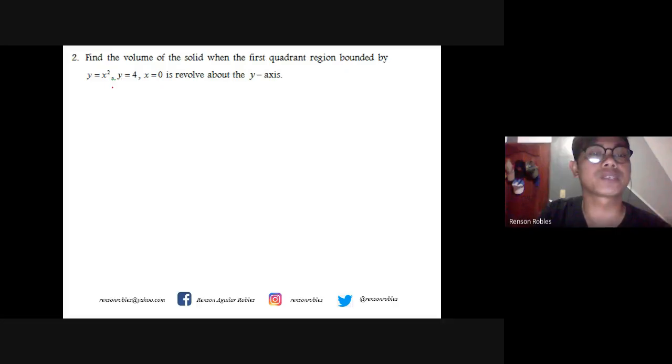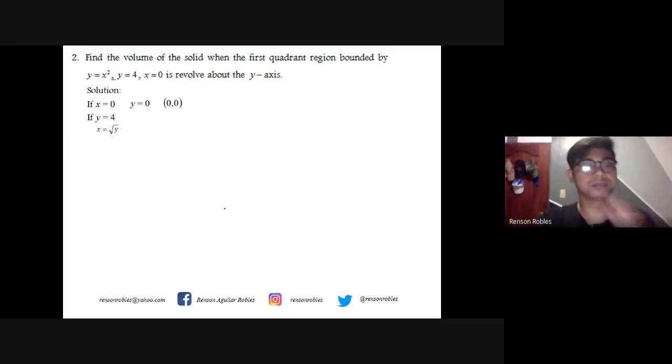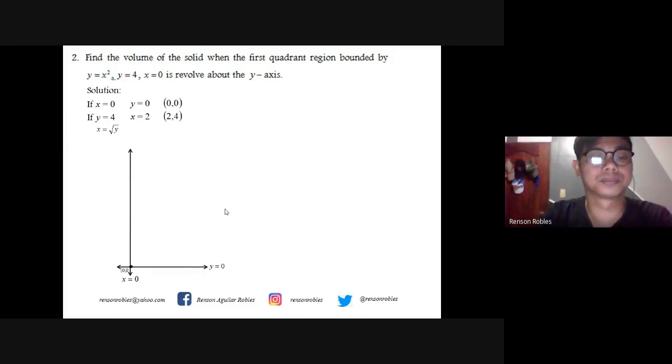So when y is 4, equals x squared, so you have x equals plus or minus 2. So you have 2, 4 and negative 2, 4. Okay, but we will only be using the first quadrant.